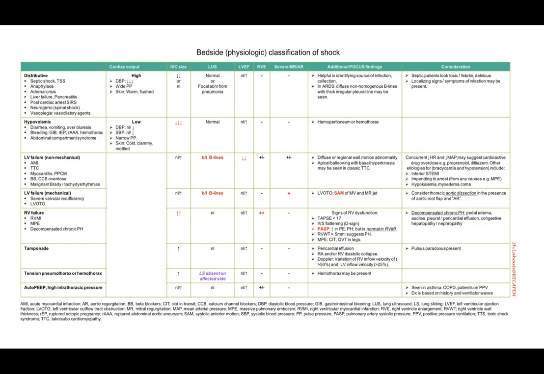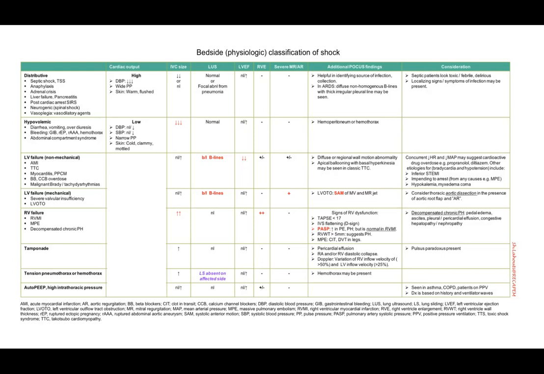For instance, if it is LV failure, as you can see, mechanical, which can be because of either left ventricular outflow tract obstruction or severe valvular insufficiency, you can get bilateral B lines. So if there are bilateral B lines with severe MR or AR, then automatically you will be able to focus on left ventricular outflow tract obstruction.